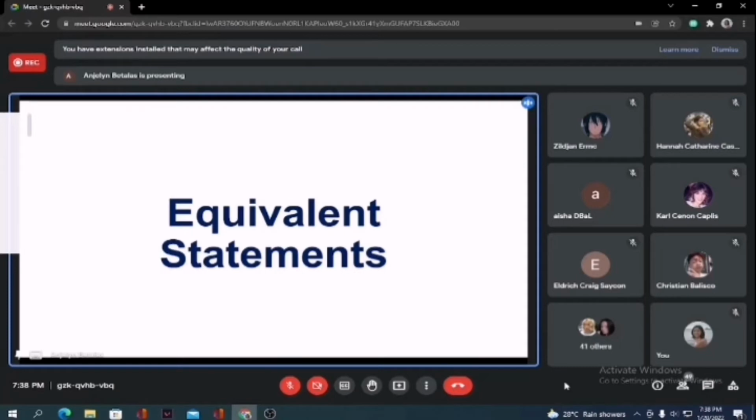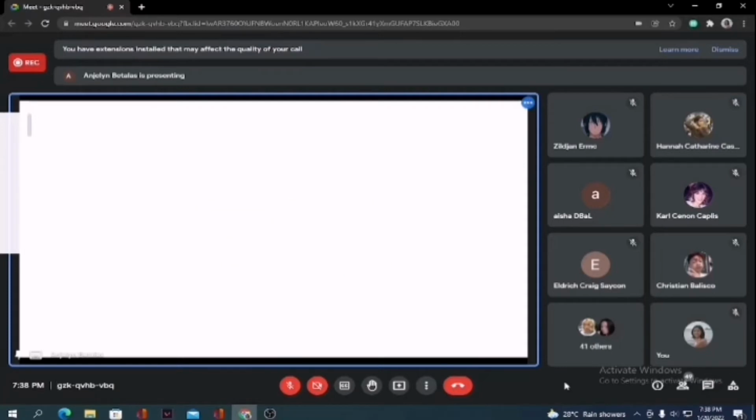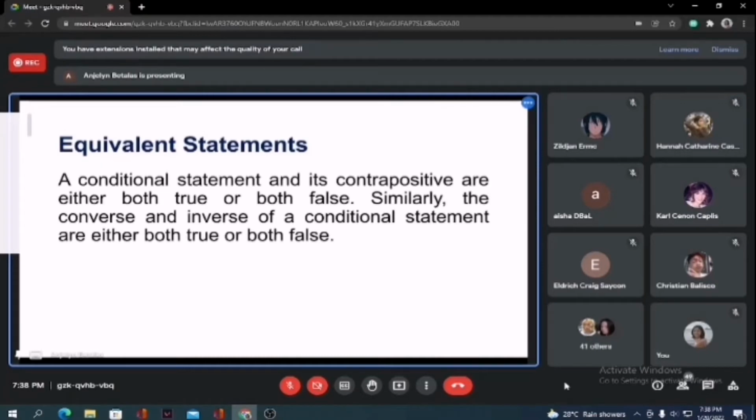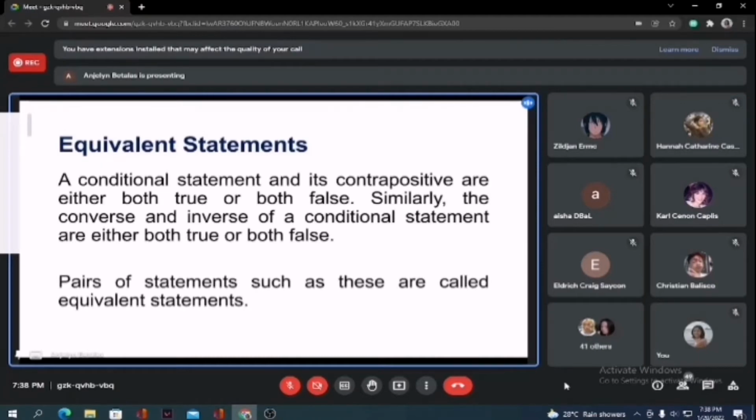Okay, next is equivalent statements. From the word equivalent. A conditional statement and its contrapositive are either both true or both false. Paminaw, ha? Ano sa partner ni conditional? Si contrapositive. So, it could be true or false.